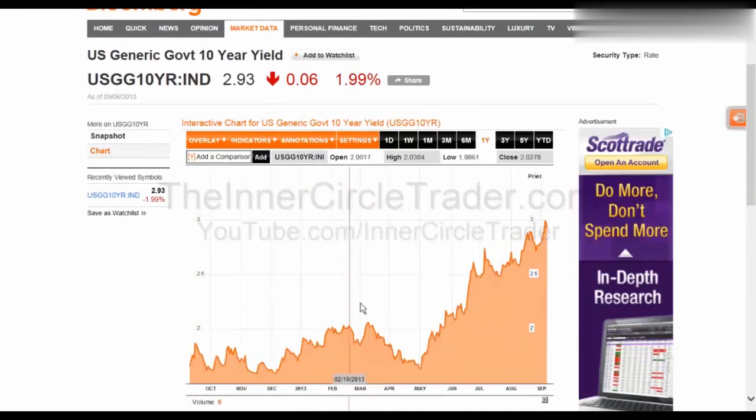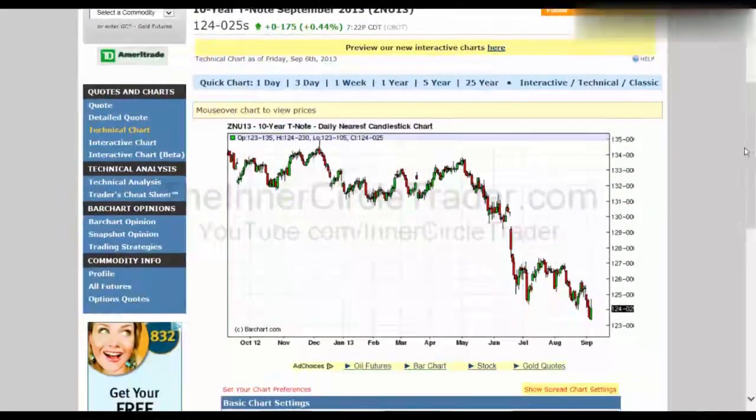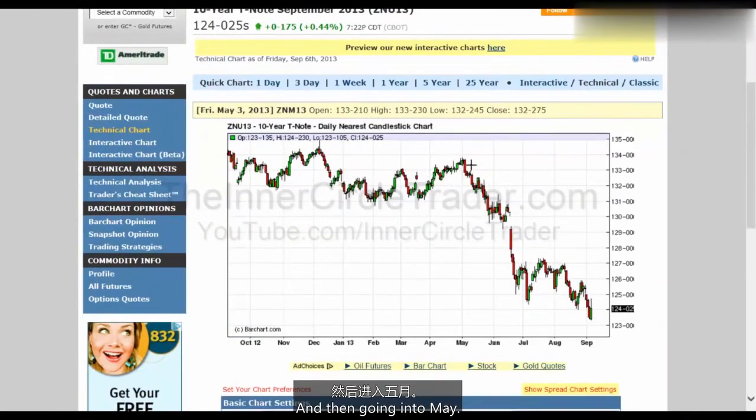Okay, what we have here is the fluctuations of the actual yield of the 10-year treasury market. Now watch what happens. Let's go back to that 10-year T-note chart. Price made a high here in April, and then going into May, we made a higher high.